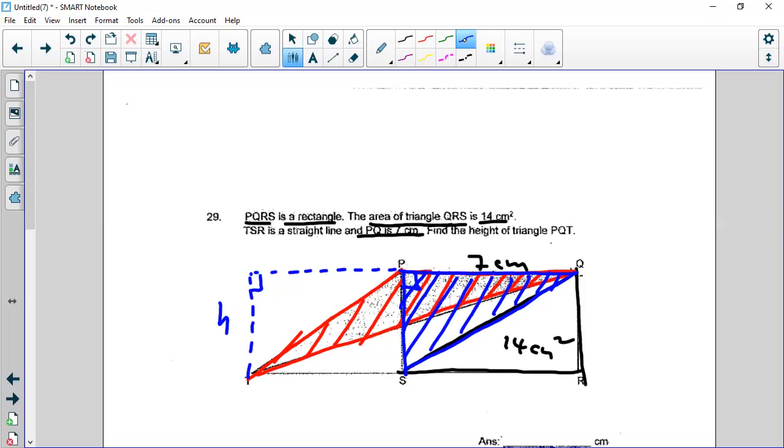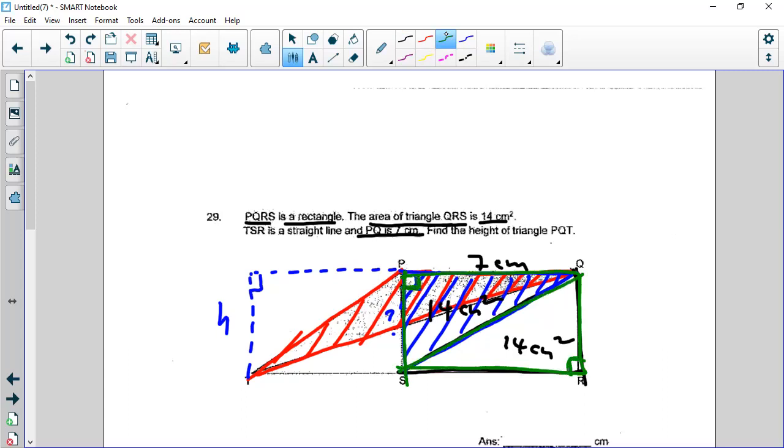So can we find the height of triangle PQT? How do you find the height of triangle PQT? Its area is also 14 centimeters square. How do you know it's 14 centimeters square? Because the right angle triangle is inside a rectangle, which is made of two similar right angle triangles.